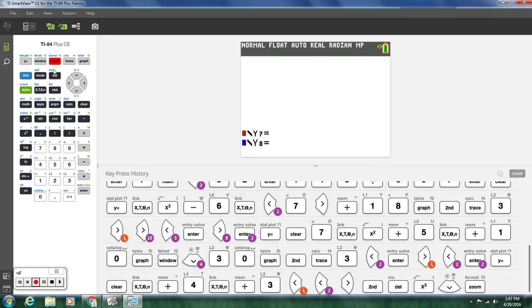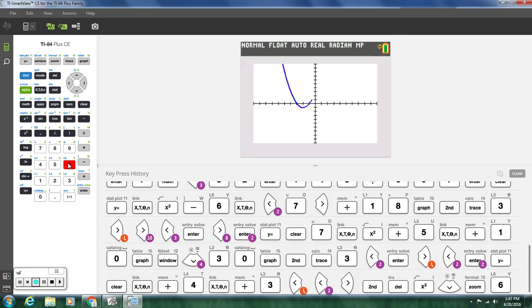So when I graph this and I go through 6, that's what I get. Now, can I find the vertex from here? Look at how I find the vertex. What set of buttons do we push to find the vertex? Second, count, and then what do we do from there?